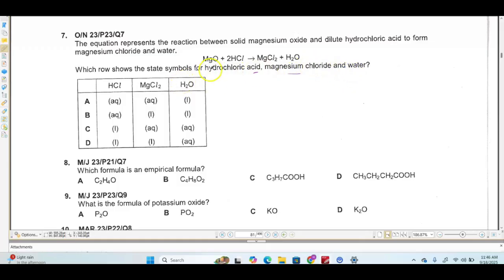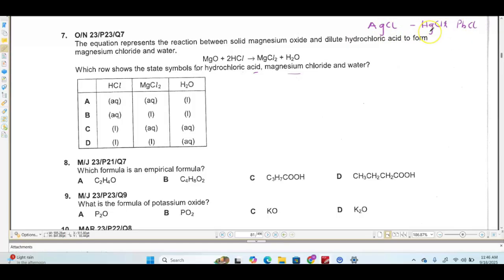See that over here, MgCl2 basically is a soluble salt. All salts of chlorine are soluble except for AgCl and PbCl2.